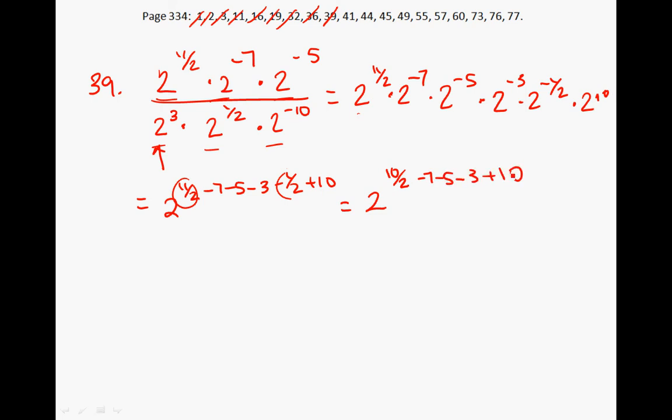And then all the other stuff stayed the same. And 2 to the 10 halves, of course, is 5. 10 divided by 2 is 5. So now we can add these together, and we have 5 minus 5 cancels out. Negative 7 and negative 3 make negative 10, and then positive 10 makes 0, so we end up with 2 to the 0 power, which is 1.